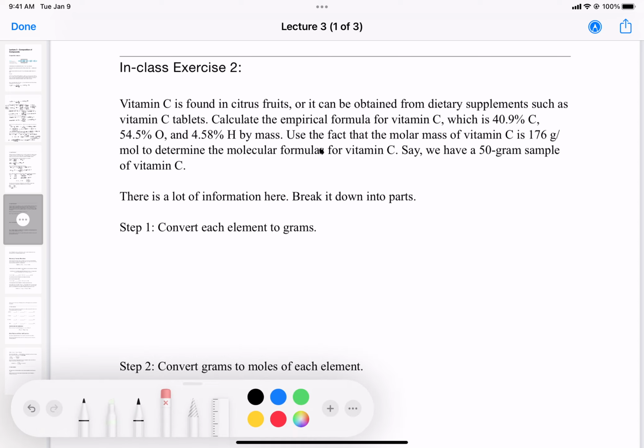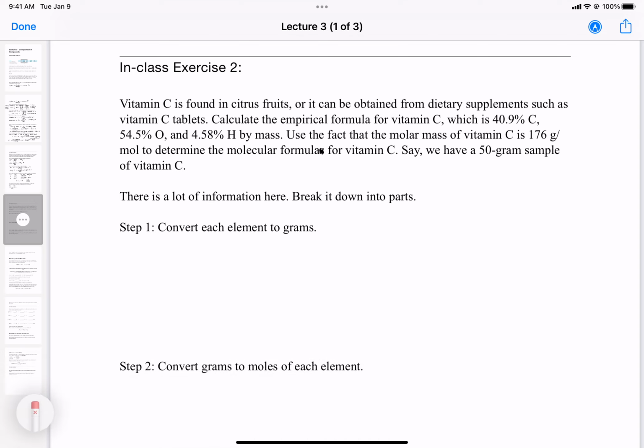To figure out how many grams out of 50 is 40.9%, what we can do is convert 40.9 to a decimal. So I just divided my percent by 100.